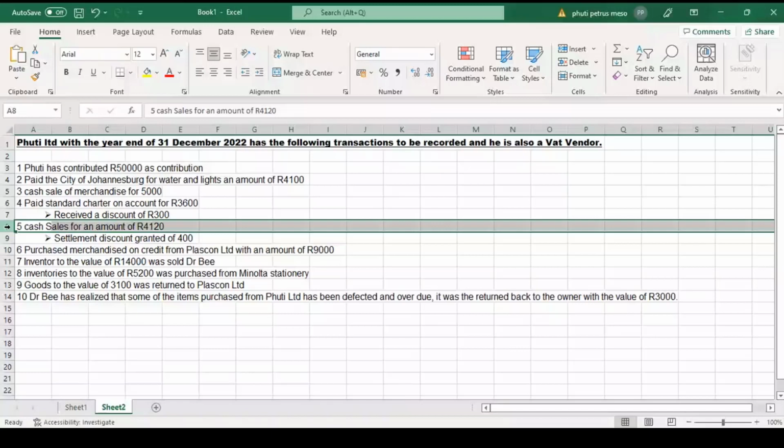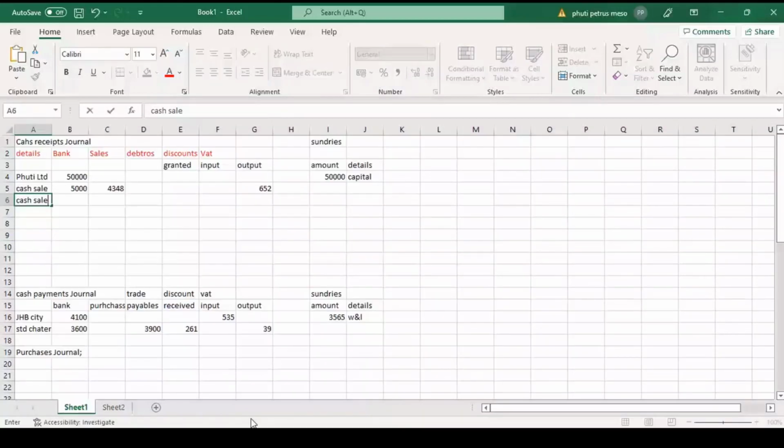The recording part will be cash sale as part of your description. So let me just have a look at the amount. This is 4,120, and then you just put here 4,120. Let me just quickly calculate that.